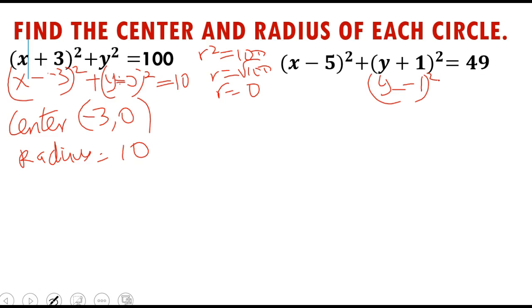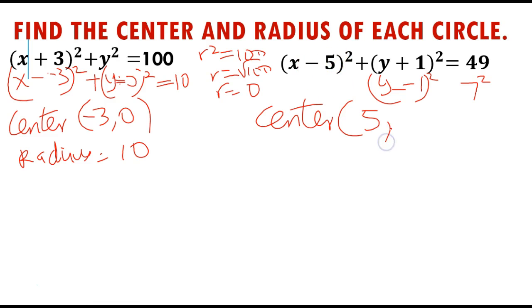And what can we square to get 49? 7 squared. So the center is going to be 5, again remember the default is subtraction, so this is positive 5, comma, negative 1, and the radius is going to be 7.